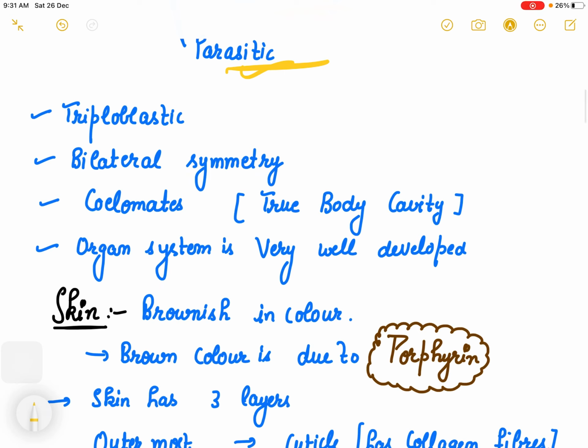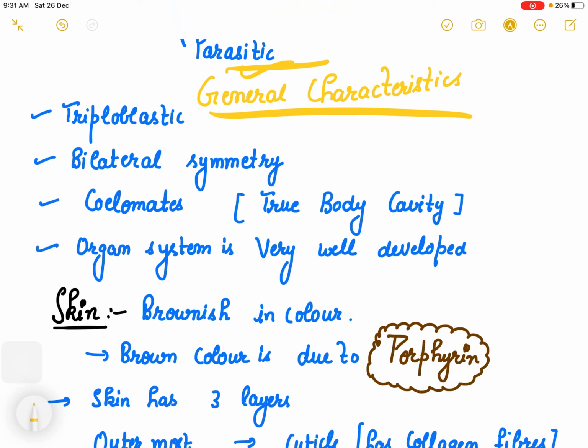General characters, if I talk about, then again, because in the previous group we started with triploblastic, and from the Platyhelminthes we started with bilateral symmetry. So these annelids, there is no doubt, are triploblastic, means they are developed from three germ layers. And what are those three germ layers?